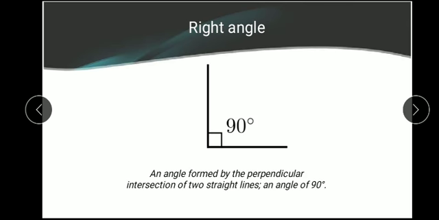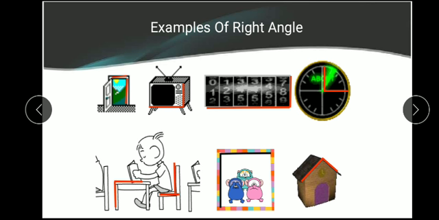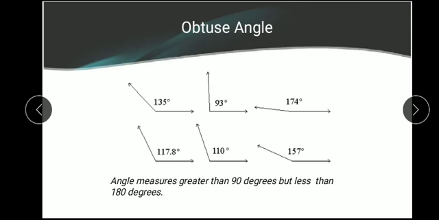Right angle: an angle whose measure is 90 degrees is called a right angle. Some examples, this one. These all are right angles. Obtuse angle: an angle whose measure is more than 90 degrees but less than 180.